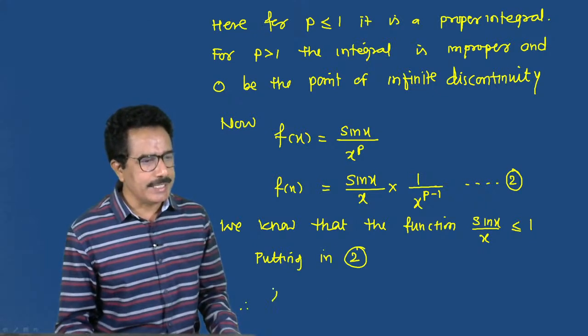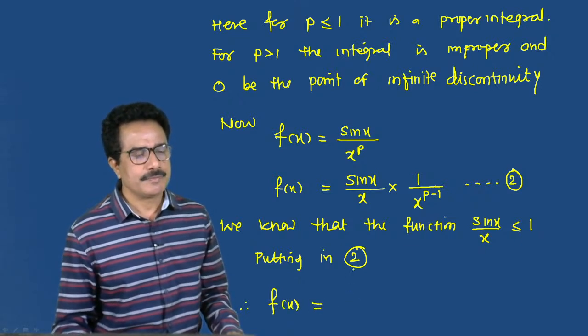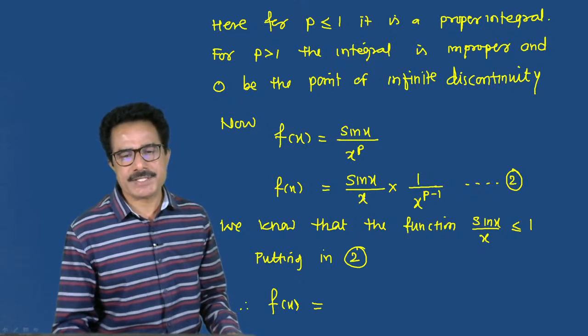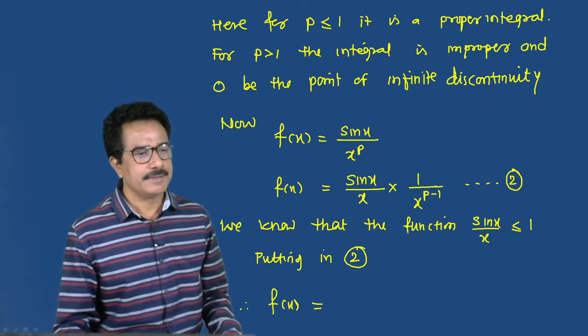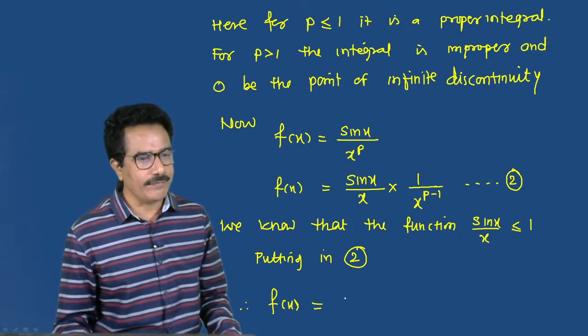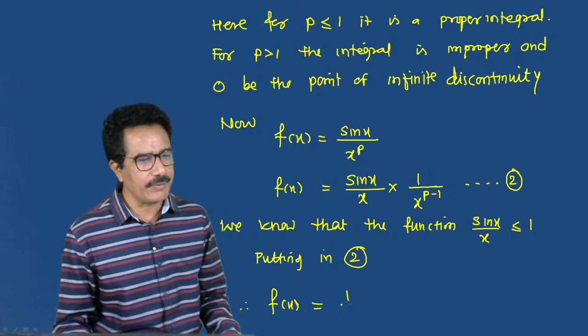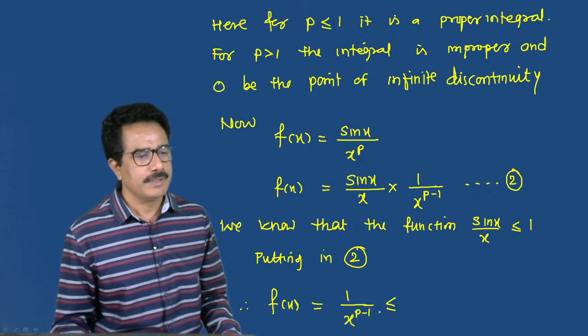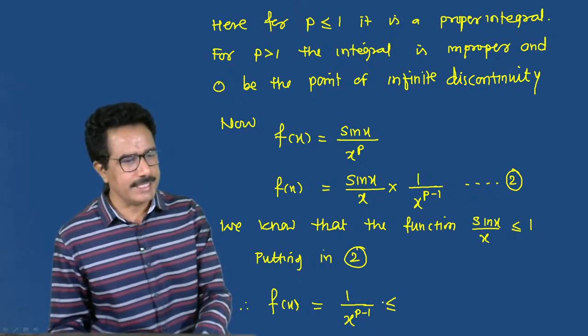So we can write f of x, which is sin x by x times 1 divided by x raised to p minus 1, which is less than or equal to 1 divided by x raised to p minus 1. One minute, students, did that go through?